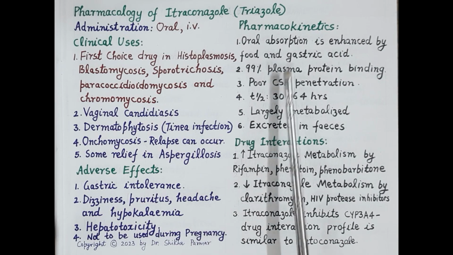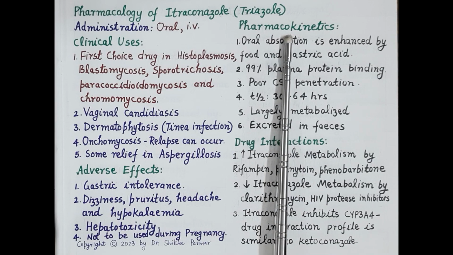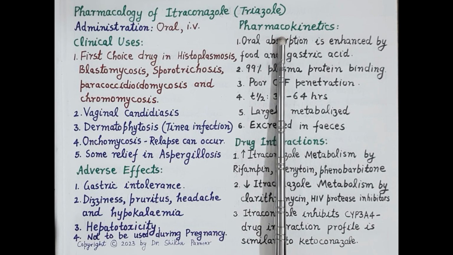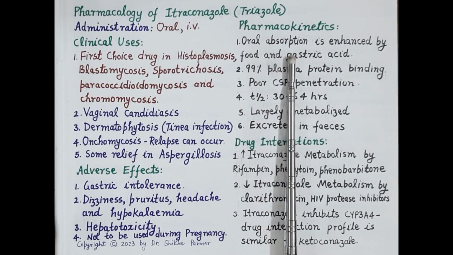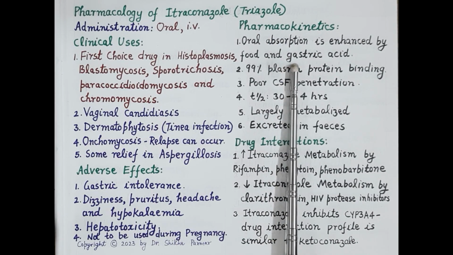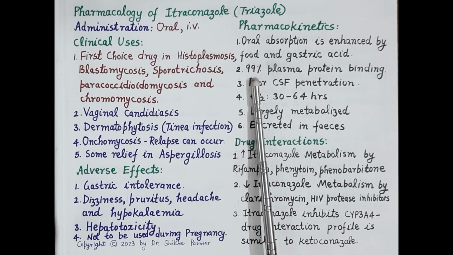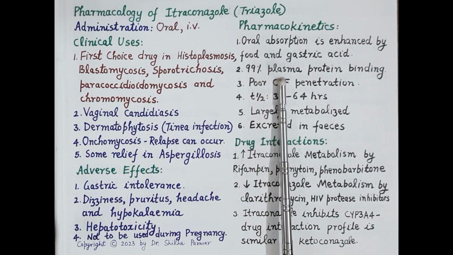Then pharmacokinetics of itraconazole. Now pharmacokinetics of itraconazole is different from that of fluconazole. Its oral absorption is enhanced by the administration of food and gastric acid. Unlike fluconazole, which was approximately 10% bound to plasma proteins, itraconazole is 99% bound to plasma proteins.